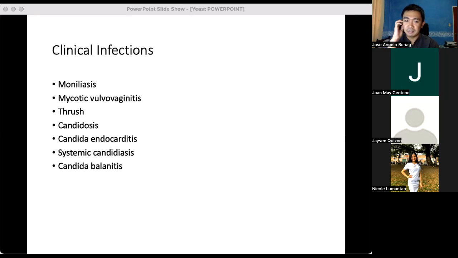Actually, this specific infection is caused by your Candida albicans. So your Candida albicans is the causative agent for moniliasis.